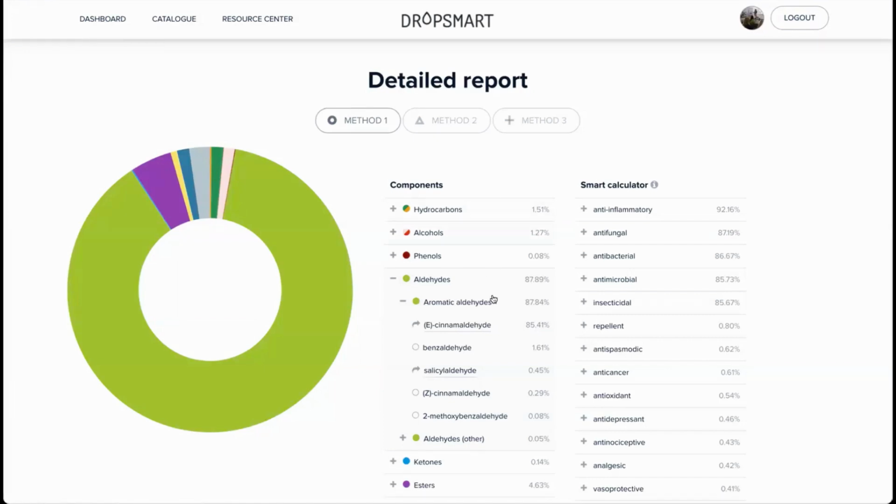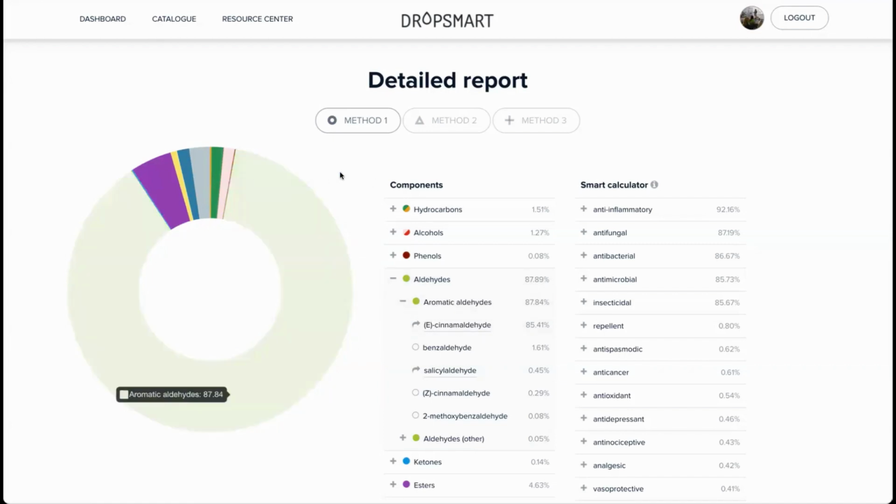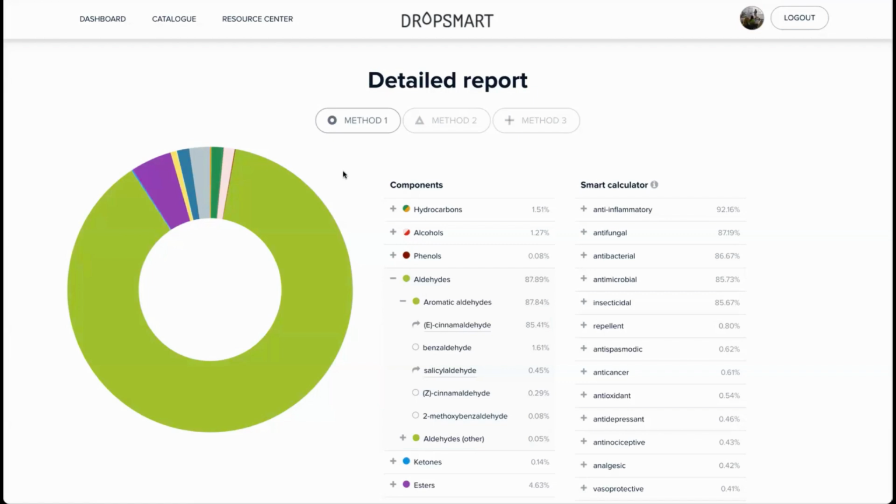So after I see that and give them all the information about safety, I would tell them that this is actually probably a pleasant smell, because aldehydes, if dosed correctly, are pleasant and they have this intense note. So it's easy to use them to make something smell.